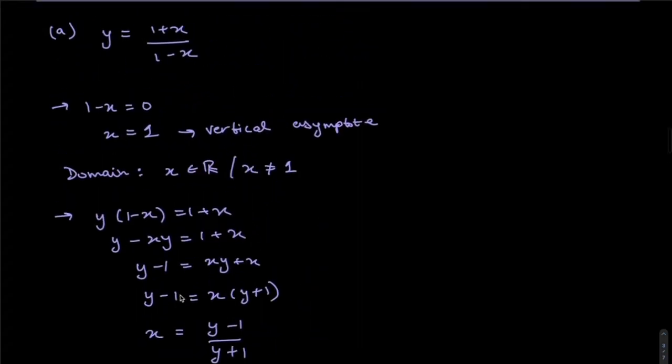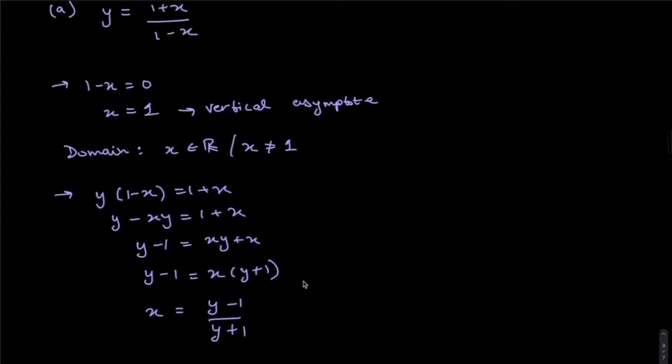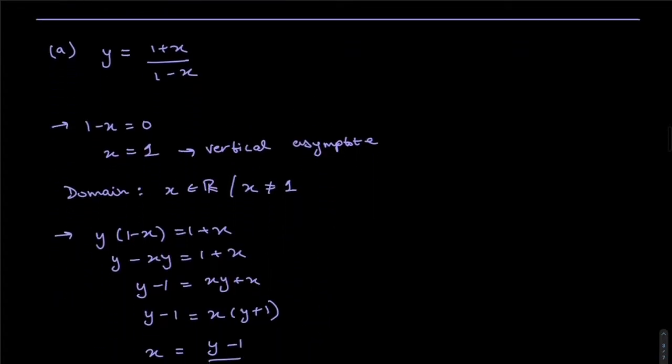That is my second part. So I found that my range essentially becomes y belongs to all real numbers, but y does not equal minus 1, right? That is my range.